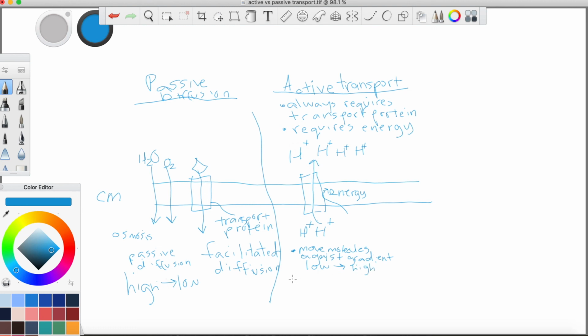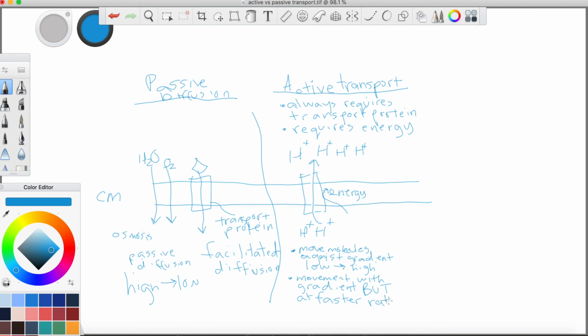However, that's not the only time the cell would use active transport. Perhaps it will move molecules with the gradient, but it needs it faster, at a faster rate.